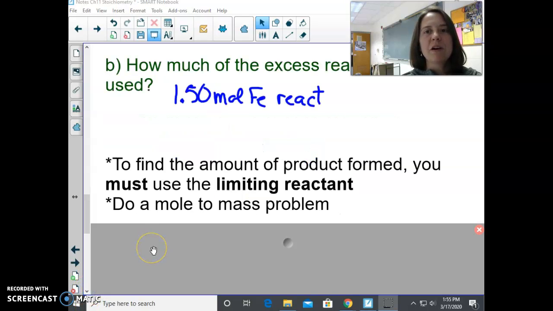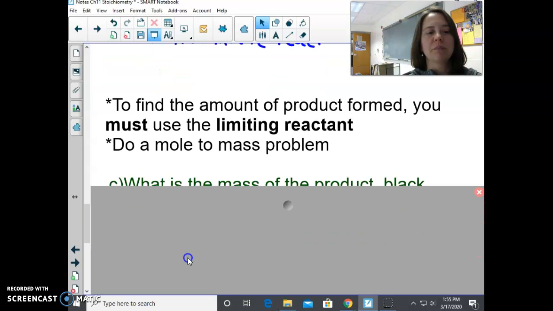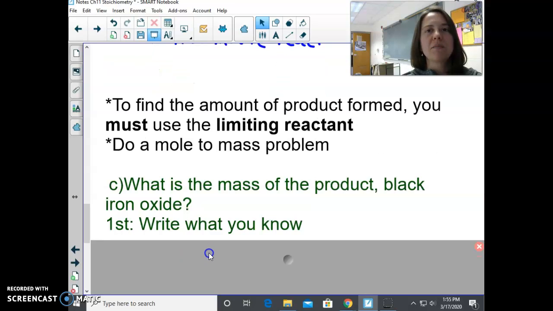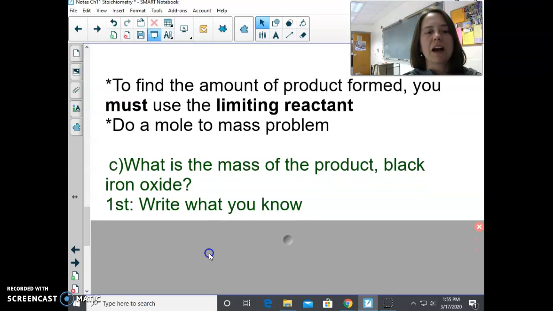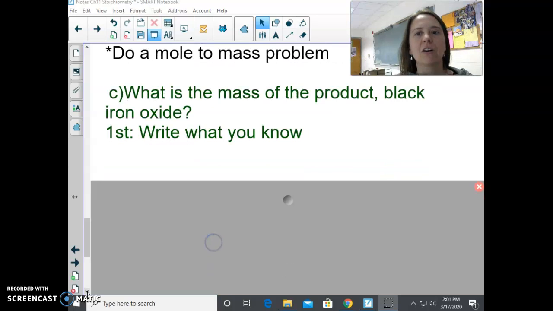And now to find the amount of product formed, you must use the limiting reactant, which is a mole to mass problem. So our C part of the question up above was, what is the mass of the product black iron oxide? Okay, I'm going to be writing on the board, so you won't be able to see me, but you'll be able to see what I'm writing on the board and hear me.